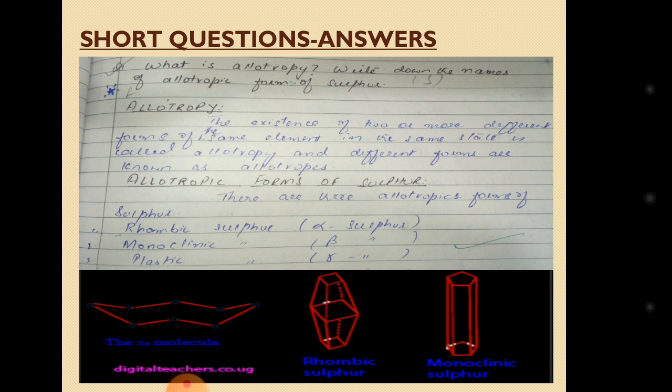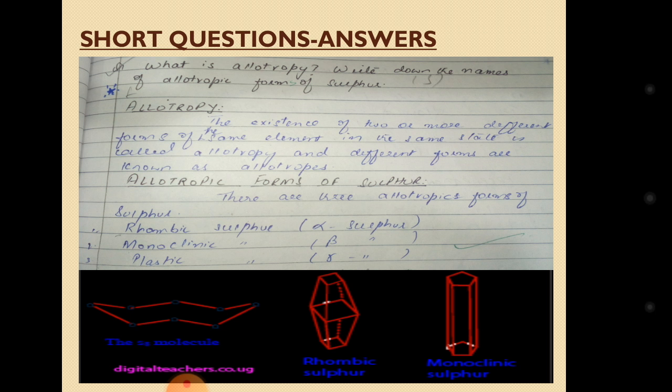First of all, short question answer. What is allotropy? And write down the names of allotropic forms of sulfur. Allotropy is the existence of an element in more than one form, meaning it has different forms.